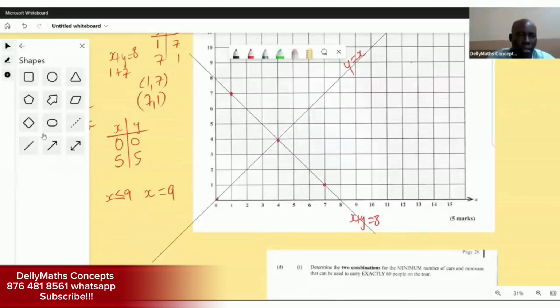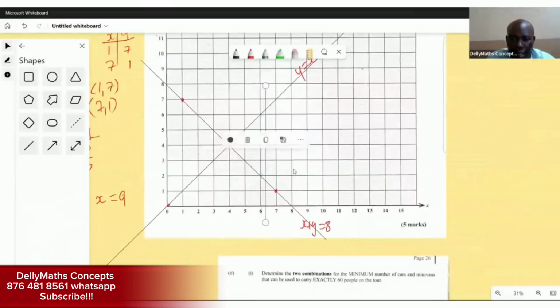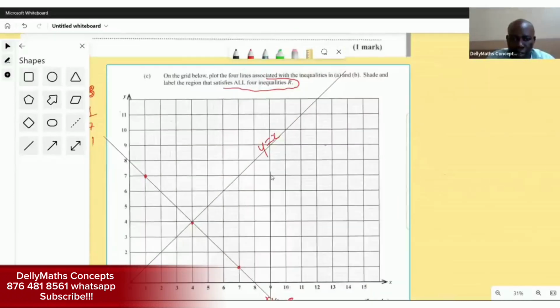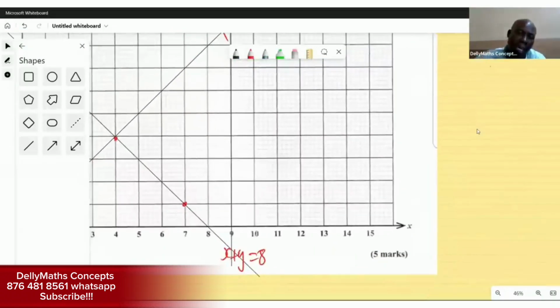It is where 9 is on the x-axis. We're just going to draw that line like that, and we're going to label it x equal 9. So the moment I drop my lines, I label them.